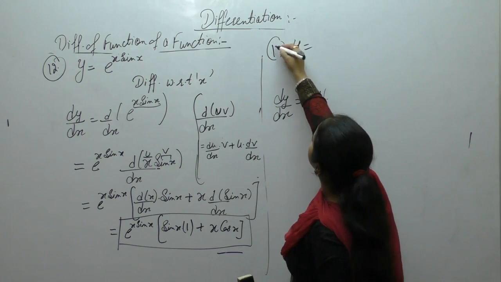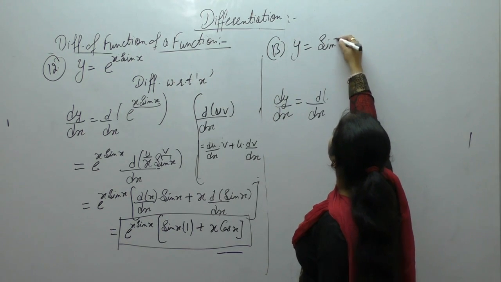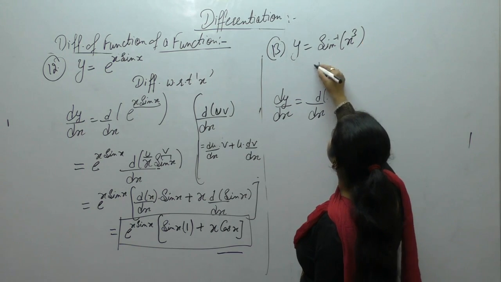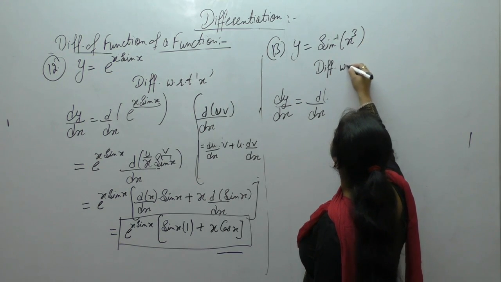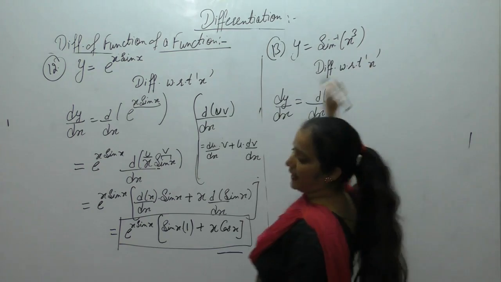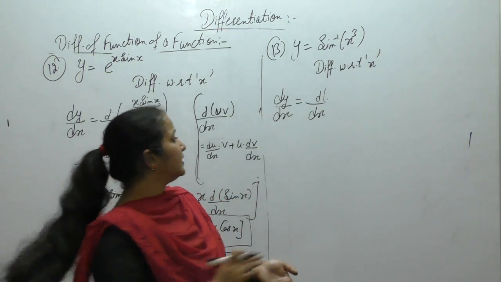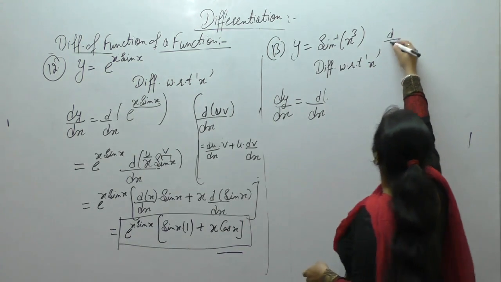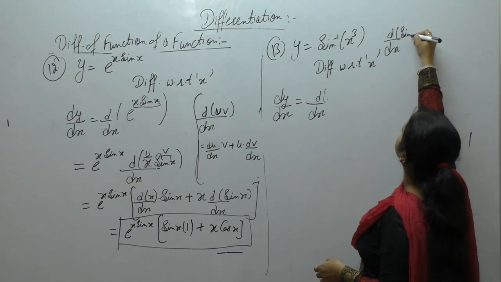Next is y is equal to sin inverse x cube. Differentiate with respect to x. Now we know the formula for the derivative of sin inverse x.